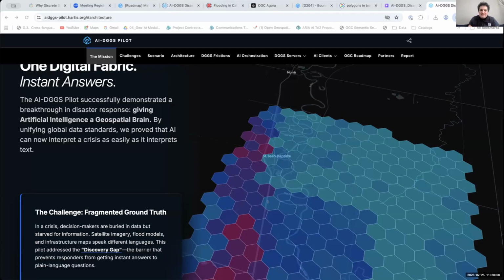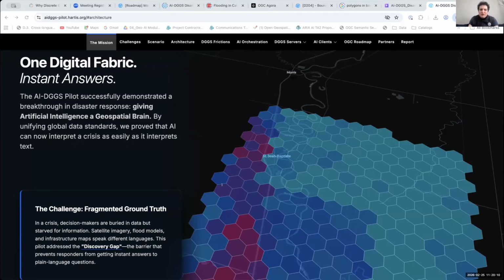In the concept of disaster management, we are basically trying to give artificial intelligence a geospatial brain. That's the big part of what we are planning to do. I want you to think about what AI can do. AI can process text, right?